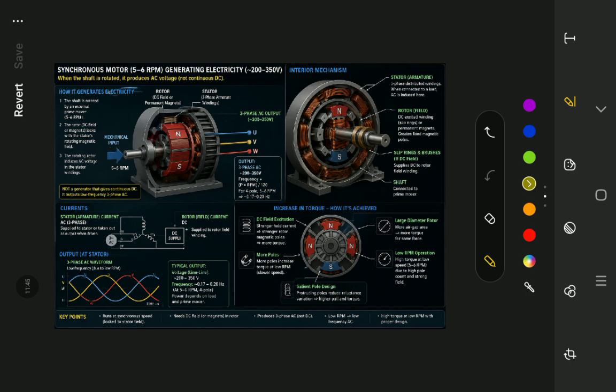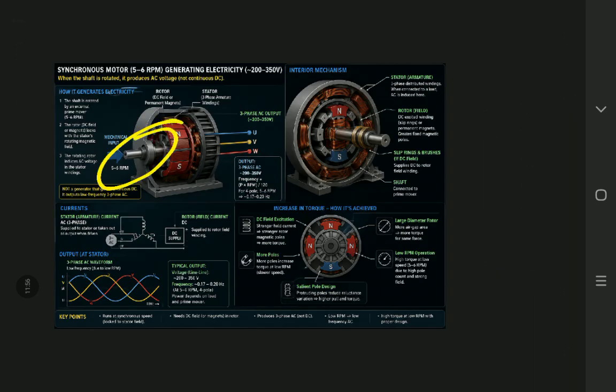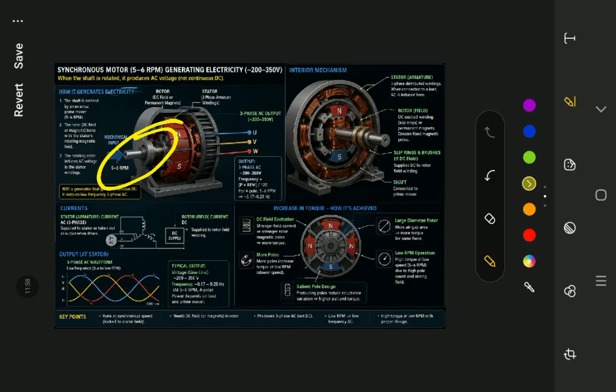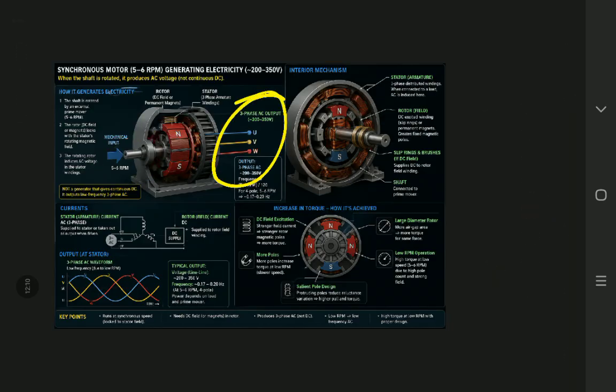So as we can see here, similar to the synchronous motor is the dynamo motor, which generates three phase. Here also, if we try to rotate this with our hands, the torque is very high, so we cannot rotate it by hand. If we fix any string or any kind of motor to it and give power supply, then three phase is generated.